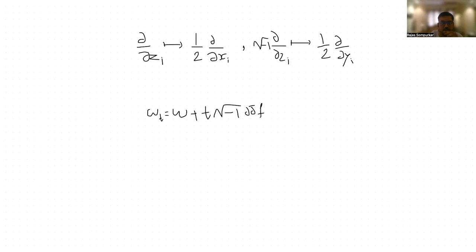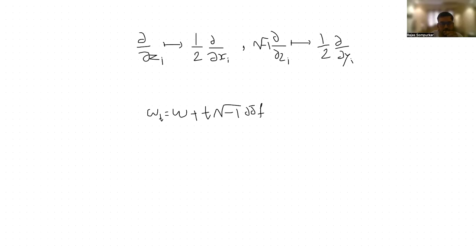So then we can take omega t to be equal to omega plus t times square root of minus 1 del del bar of f, where t varies over the closed interval 0 comma 1. Then omega 0 will be omega and omega 1 will be omega plus square root minus 1 del del bar of f. This is what is called the variation of a Kähler form in a fixed Kähler class.